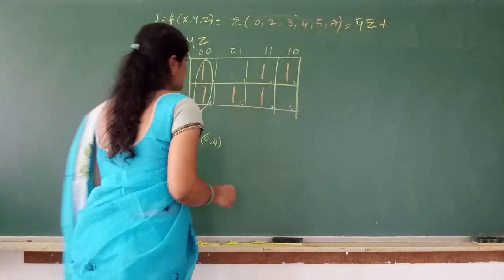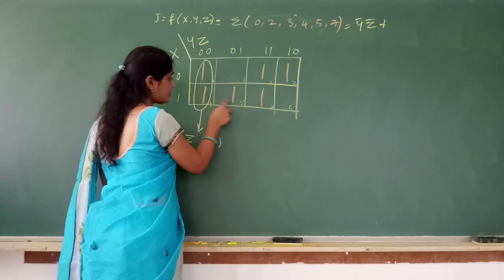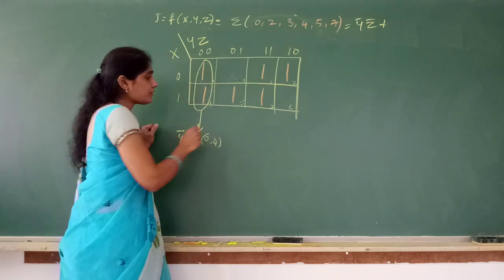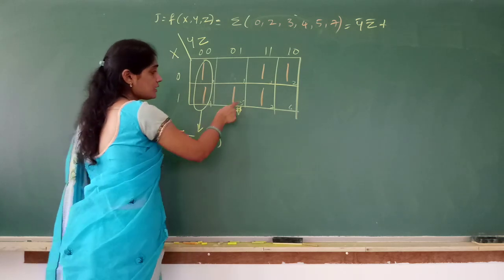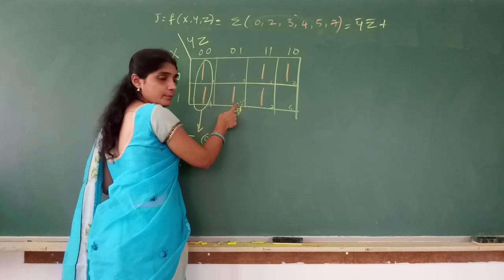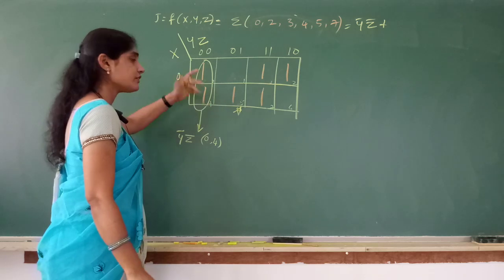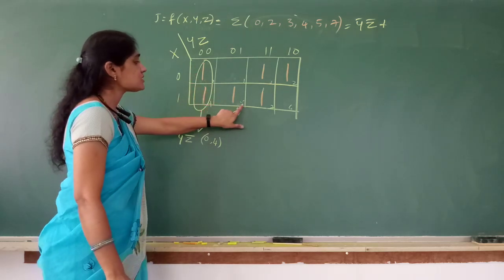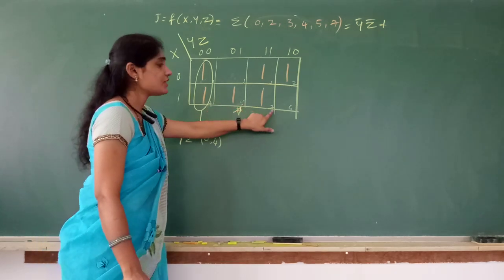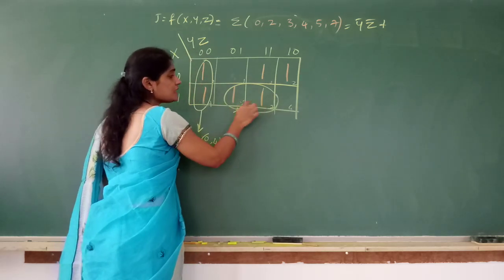Yes. Next, let me see this 5. Is any cell adjacent to 5? Yeah, 4 is also adjacent, and 7 is also adjacent. Very important point, just listen carefully. For this particular min term, 4 is adjacent, 7 is adjacent. But 4 is already grouped, correct? 4 is already covered. Let me not combine this 5 with 4. I go with 7, so that if I group these terms, 2 min terms are covered.